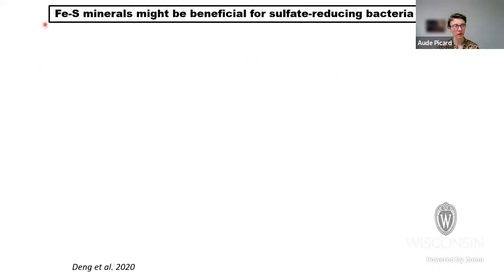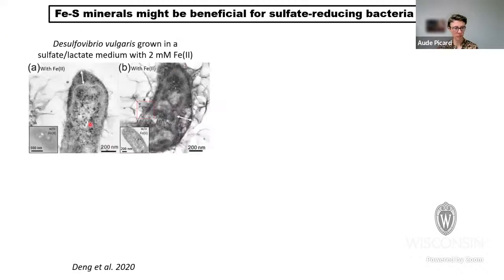I had worked on the effect of sulfur reducers on iron sulfide minerals, and then started thinking about the question the other way around: what is the role of minerals in the life of microbes? So while reading around, I came across this paper that looked at the potential for iron sulfide minerals to help electron transport to the cells to produce energy.